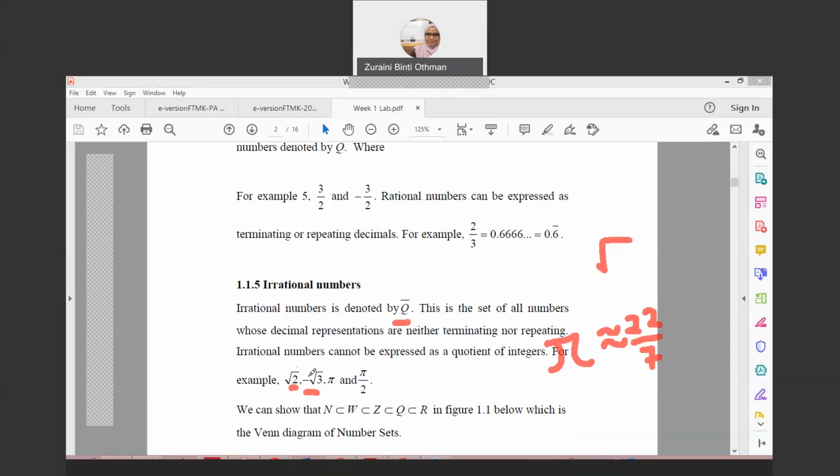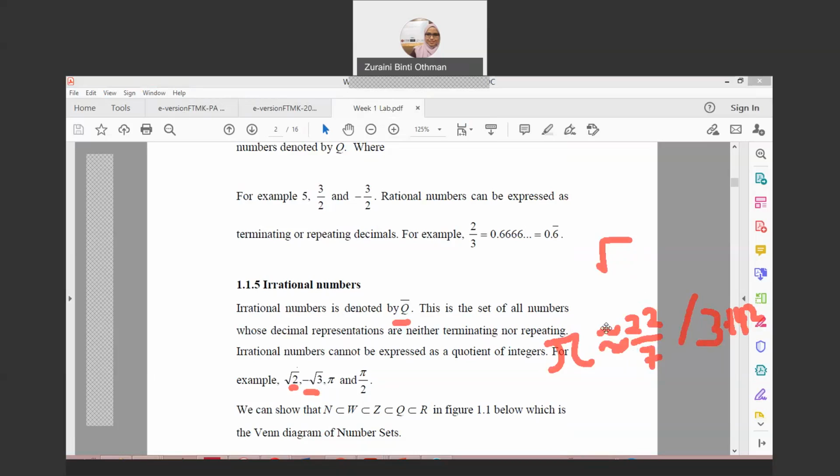Sebenarnya pi ni bila kita tekan calculator, kalau sekolah sama ada kita letak dia 22/7 ataupun kita tulis dia sebagai 3.142, betul tak? Tetapi dia 3.142 ada lagi kat belakang. Dia tak berhenti dan dia irrational number. Kita tak boleh simplify dia sebagai 22/7.